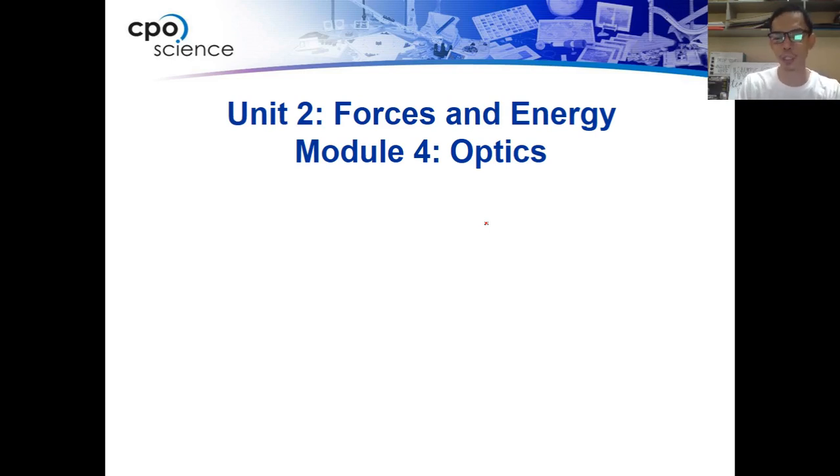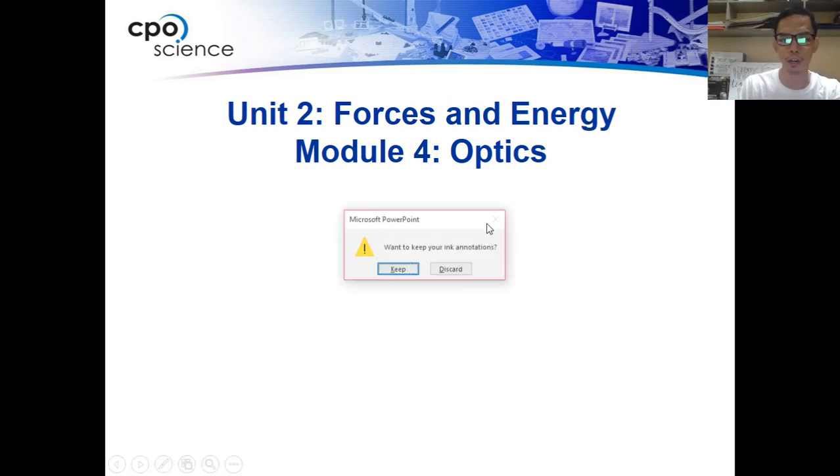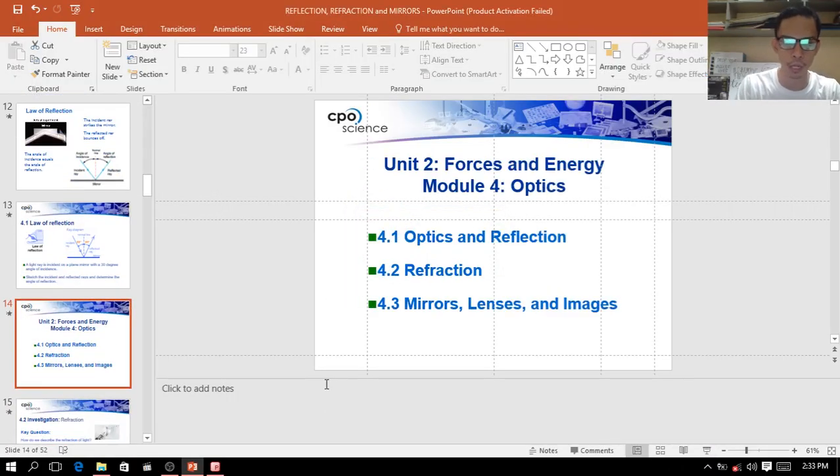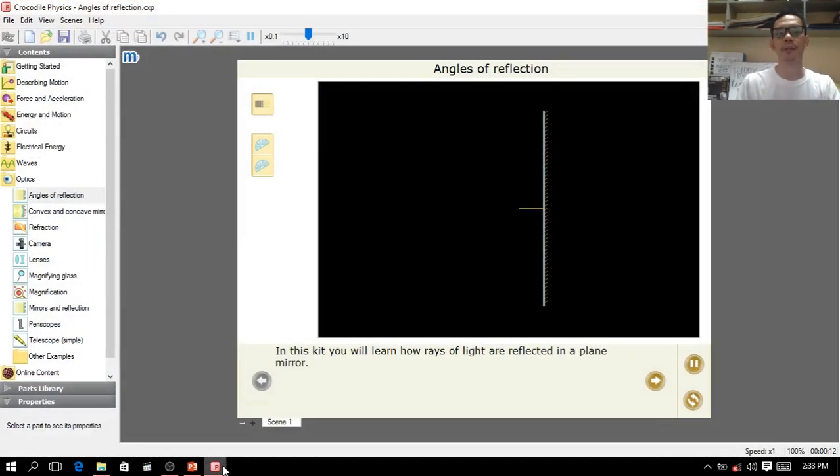To see a better view or more demonstration about reflection, let's go to the simulator. Suppose the light is coming from this particular direction.